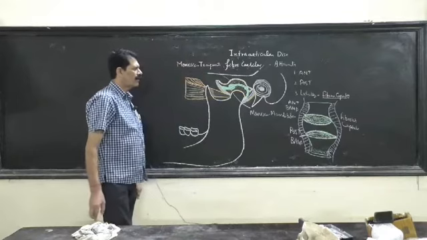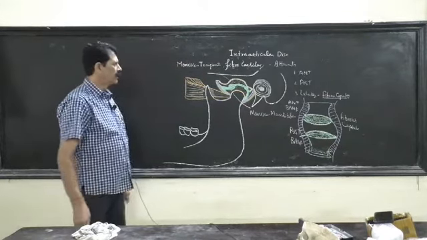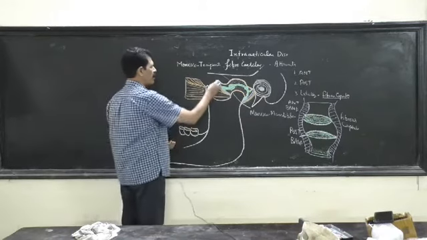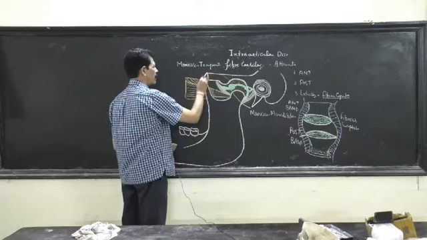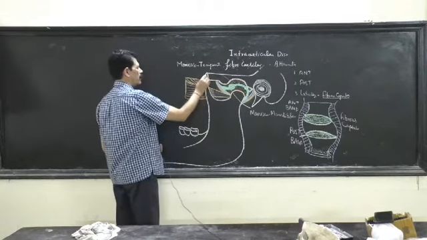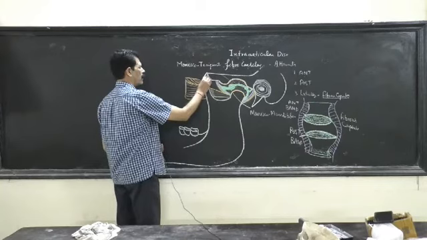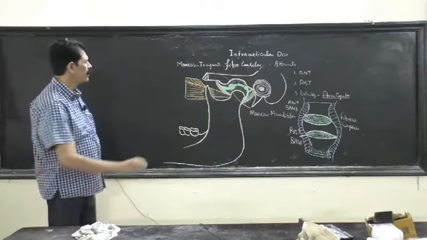So this is how we divide this TM joint. Now comes the relations of the TM joint.